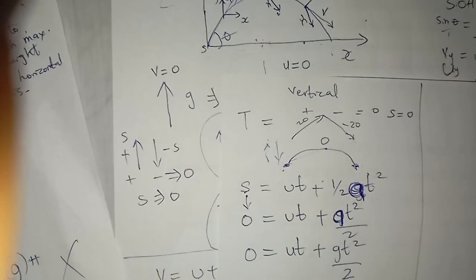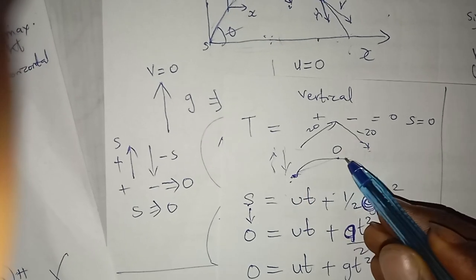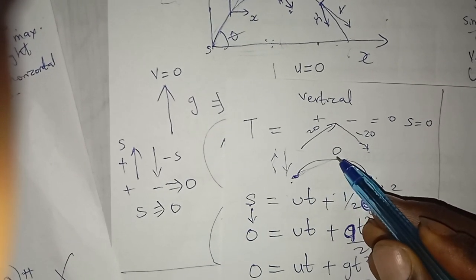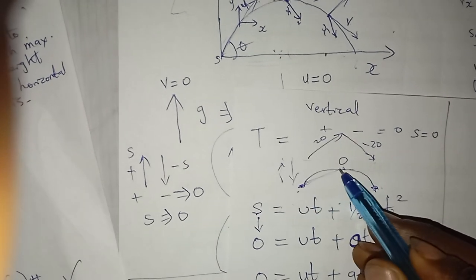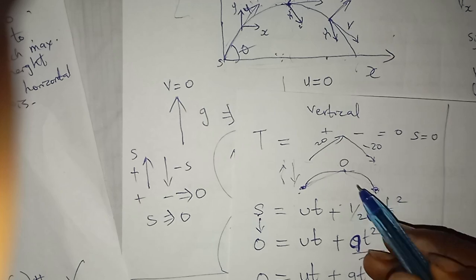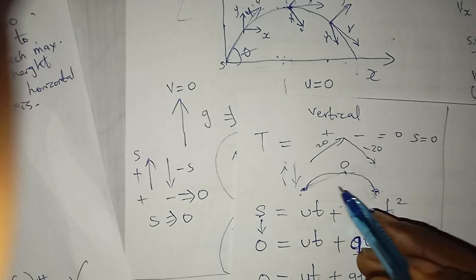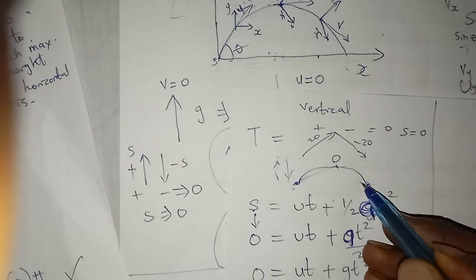Now we need to check something. When it went up, it disobeyed gravity, and that is total time of flight. It went up, disobeyed gravity, then came down, obeying gravity. So you see that whatever effect it has going up is having it coming down.